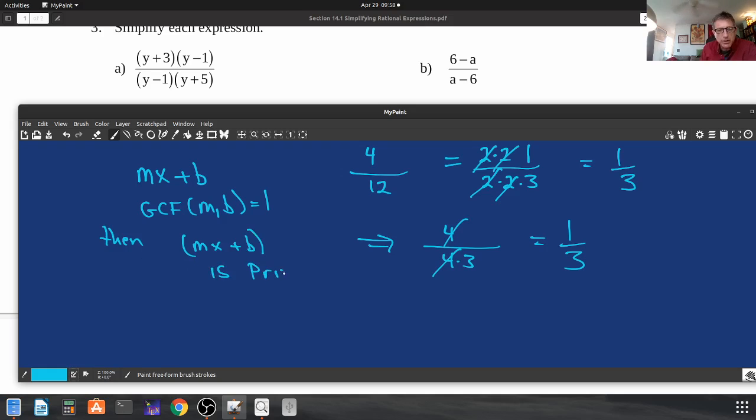In particular, we call those prime linear factors. And when I write it as mx plus b, I hope that recalls that if I set the answer equal to y, I get a straight line, and that's the reason it's a linear factor.